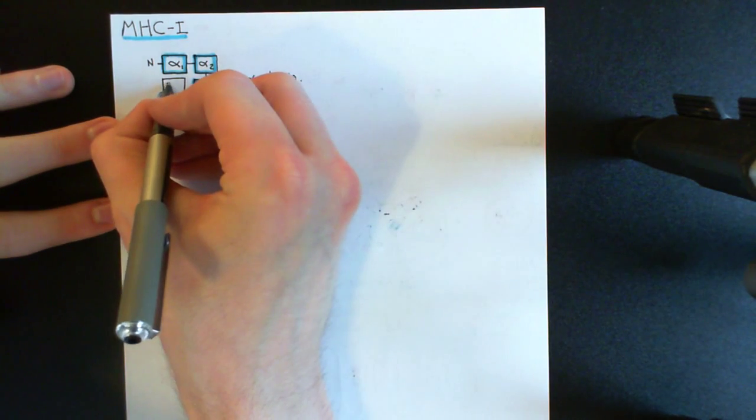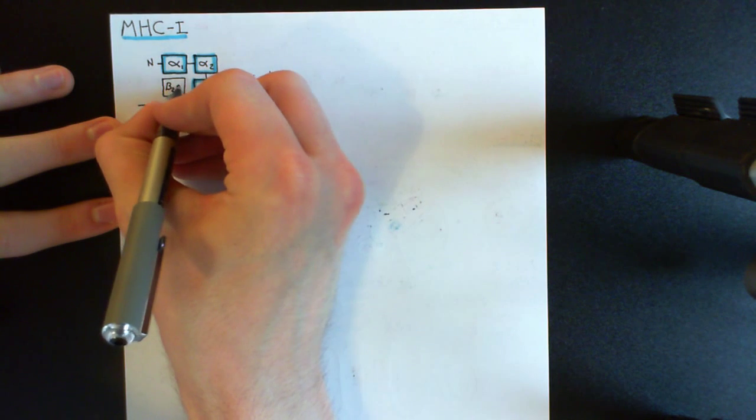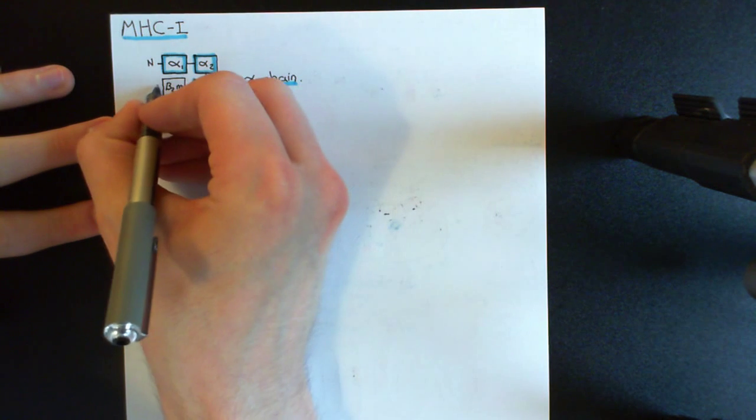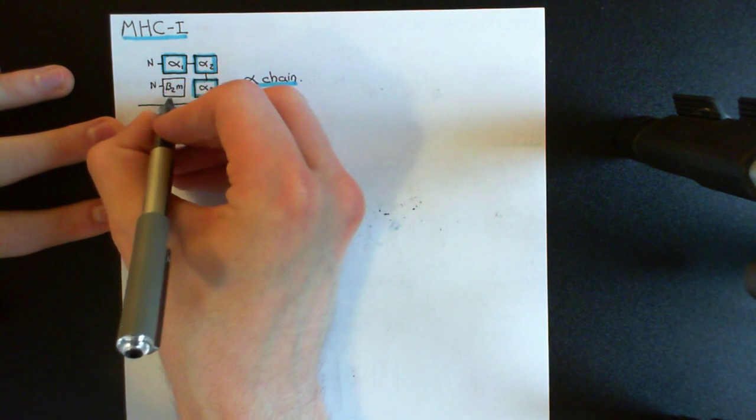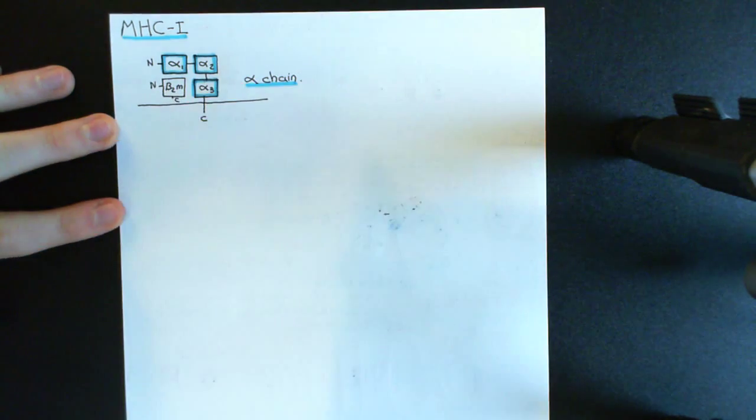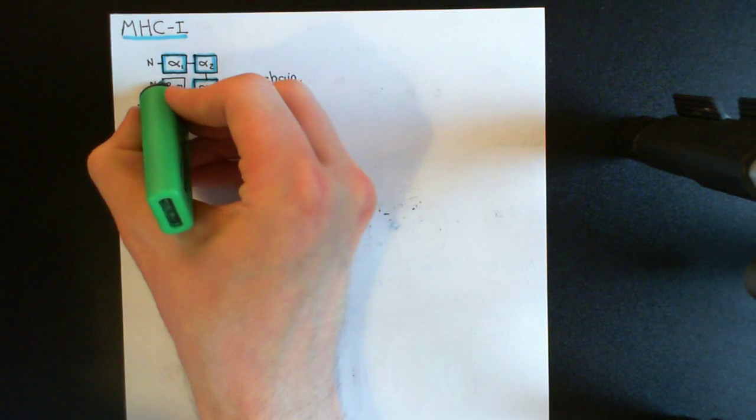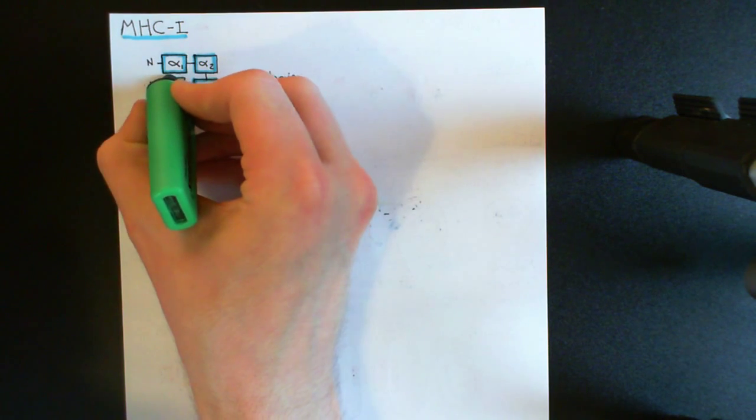And this is known as the beta-2 microglobulin, often just written as beta-2M, like so. Here's the N terminus and here's the C terminus, and that's not an integral membrane protein, it's just bound to the alpha chain, like so. So this is the beta-2 microglobulin here in green.